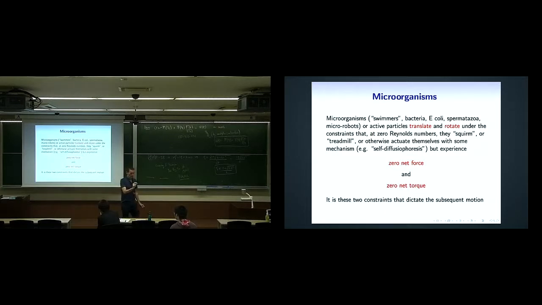Okay? And it's those constraints that perhaps imply a locomotion, either a translation or a rotation. So the condition that there's no net force might imply that the thing has to move in a particular direction, and the fact that there's no net torque might mean it has to rotate.